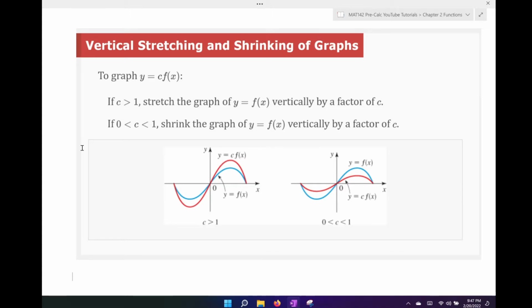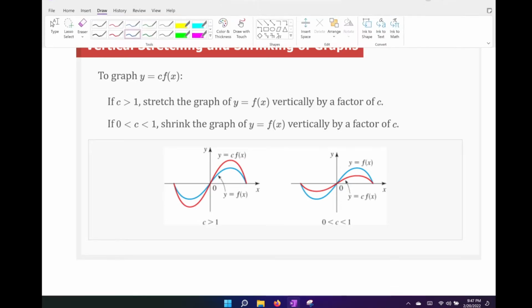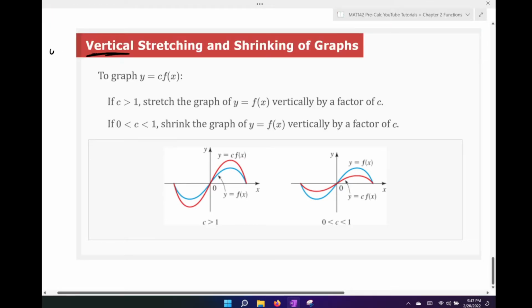Now, with vertical stretching and shrinking, first, remember, vertical means the y-axis. Okay, that's what's happening here. All right? We need to be really careful because first, if C is greater than 1, you're going to stretch vertically by a factor of C. Now, if C is in between 0 and 1, so in other words, it's a fraction, okay?